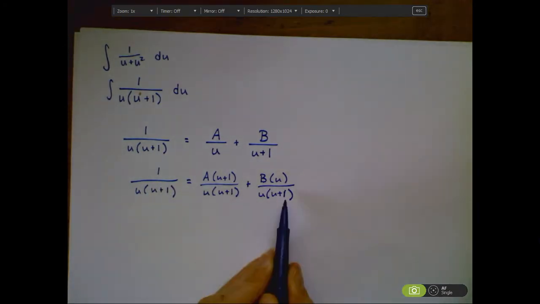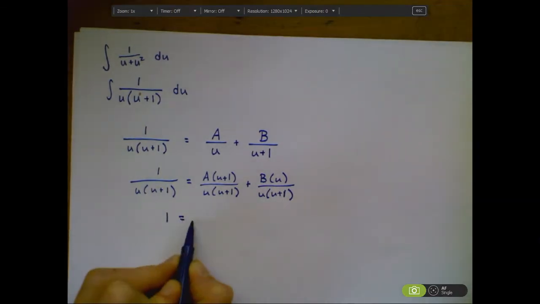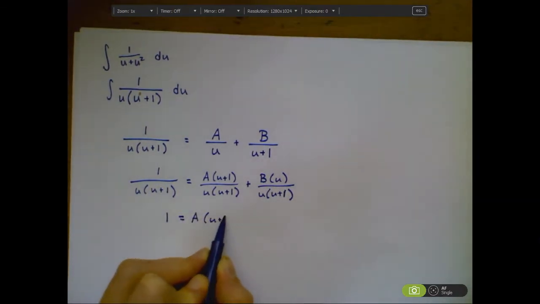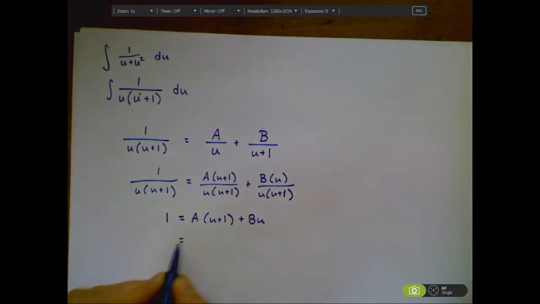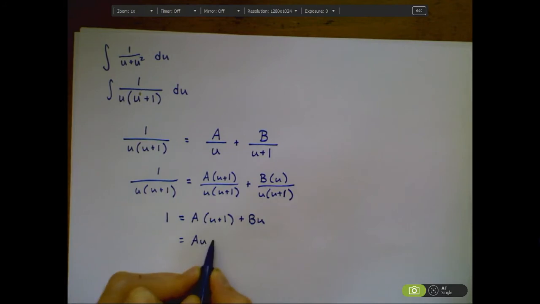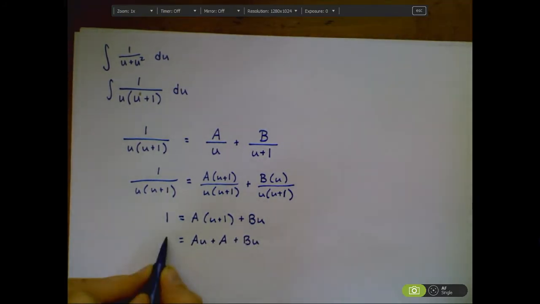And I know that the numerators all have to be equal, so that's telling me that 1 has to be equal to A times u plus 1 plus B times u. I'm going to distribute and see that Au plus A plus Bu is equal to 1.